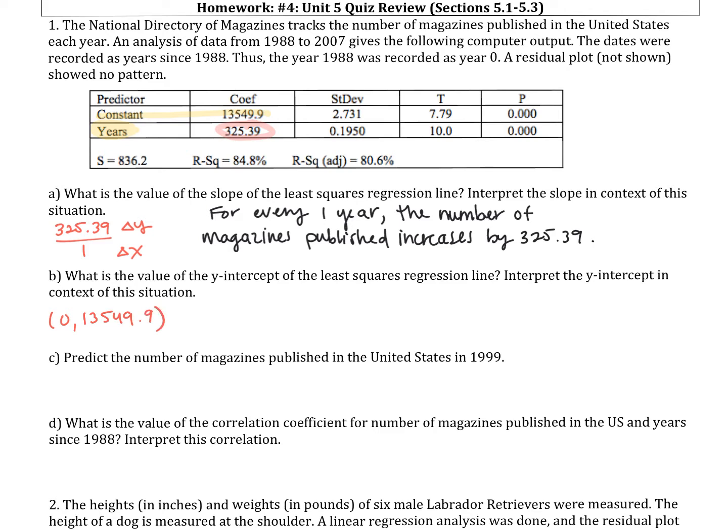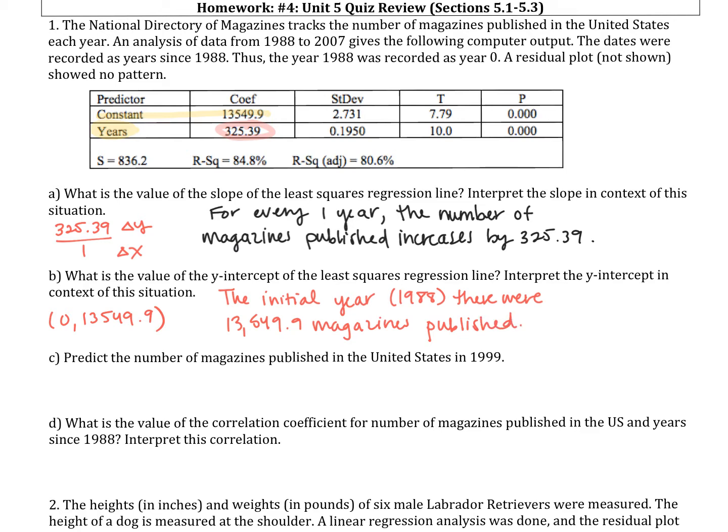So, when x is 0 and x is the number of years since 1988. So essentially, the initial year, or year number 0, which is 1988, there were 13,549.9 magazines published.